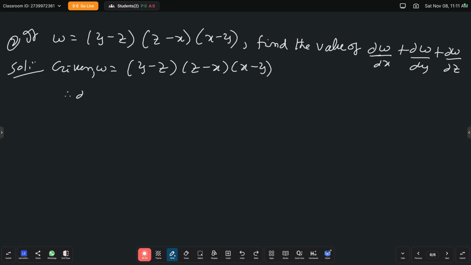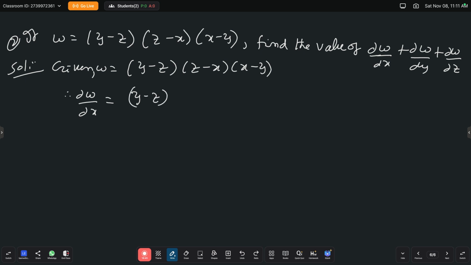Now ∂w/∂x, with respect to x, that is the UV form; y and z are constants.